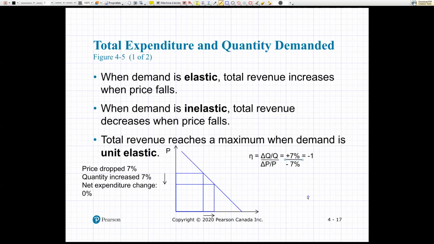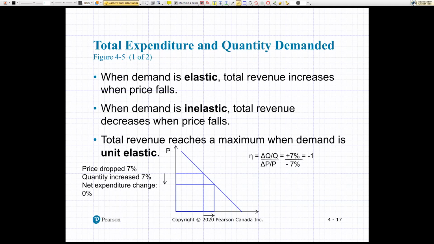So this is what we mean by having a unit elasticity. Since it's a demand elasticity, the unit elasticity is equal to -1. And it's the case because the change in price, -7%, is the same in proportion as the change in quantity, +7%.